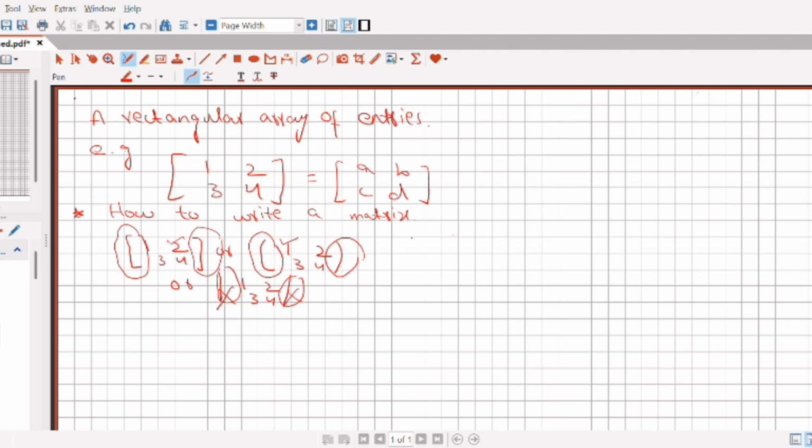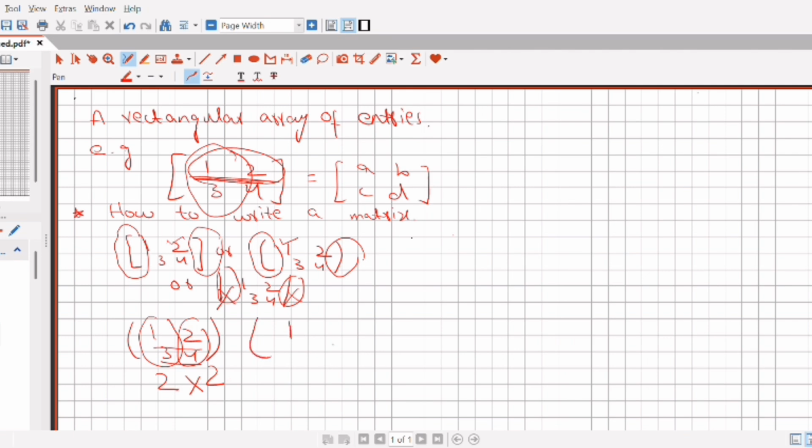In matrix form, the horizontal lines are rows, so 1 2 is a row, and the vertical ones are columns. If I write 1 2 3 4, there are two rows and two columns. This is a 2 cross 2 matrix.